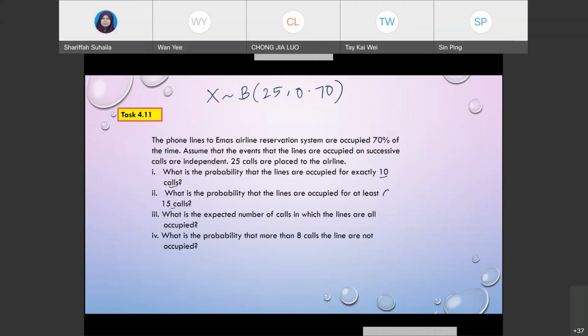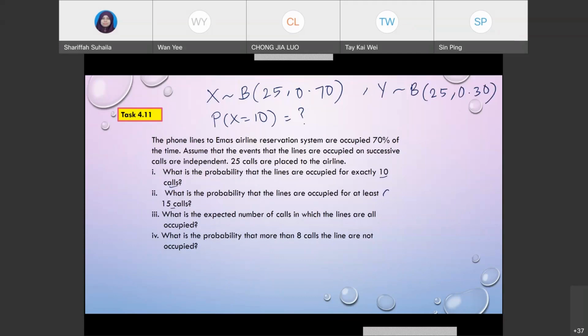Exactly 10, so that means you want to solve probability X equals 10. But again, your probability here is 0.7, so you need to change to Y, binomial 25 by 0.3.